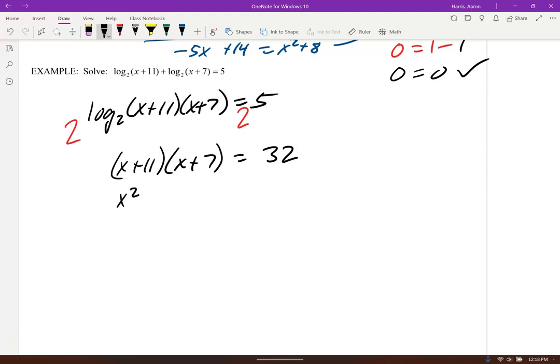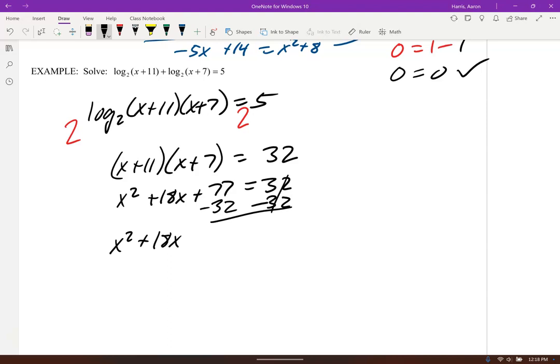So I got x squared plus 7x plus 11x plus 77 equals 32. Subtract 32, I've got to get one side equals 0. Solve this quadratic. And let's see, that'd be -3 and -15, I believe.